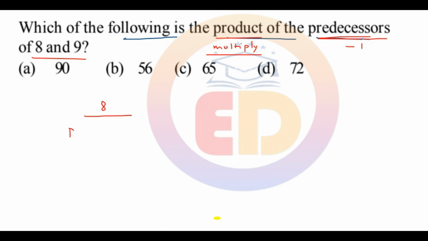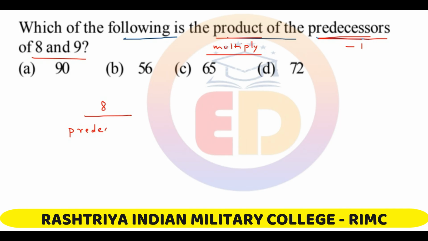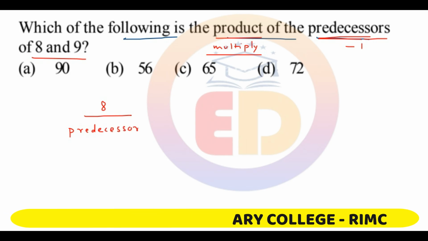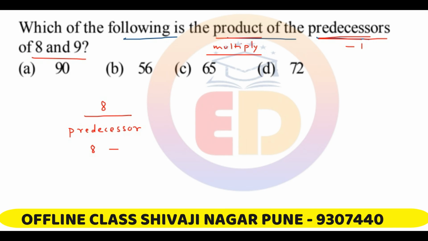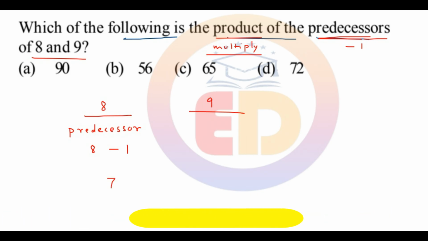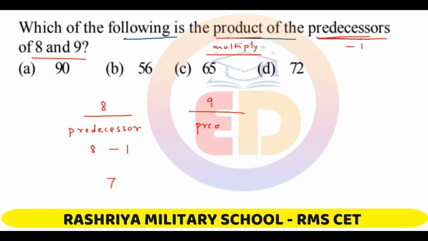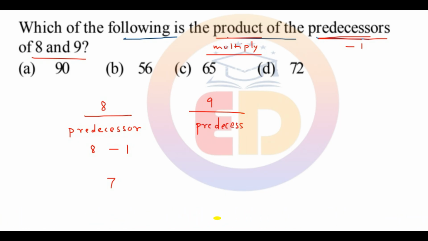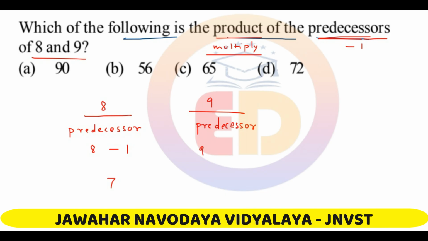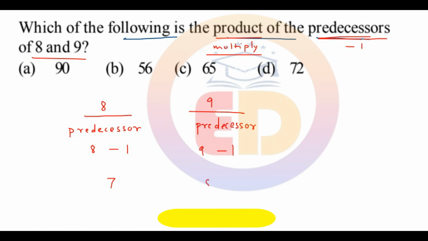Predecessor of 8 will be 8 minus 1, 7. Second number 9. Predecessor of 9 will be 9 minus 1, which is 8.